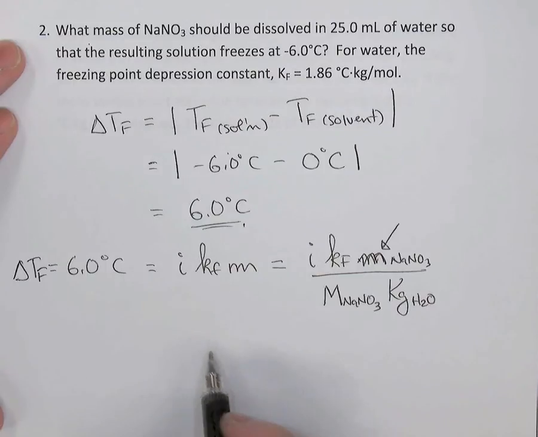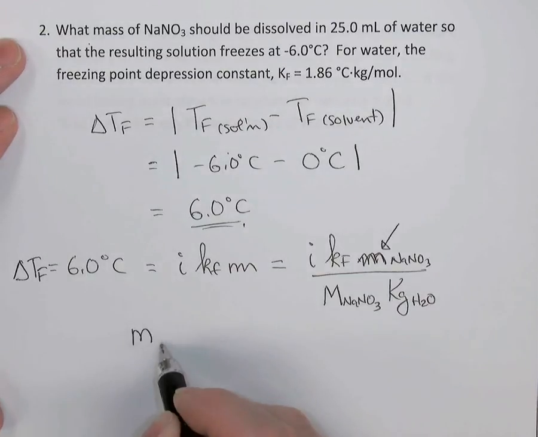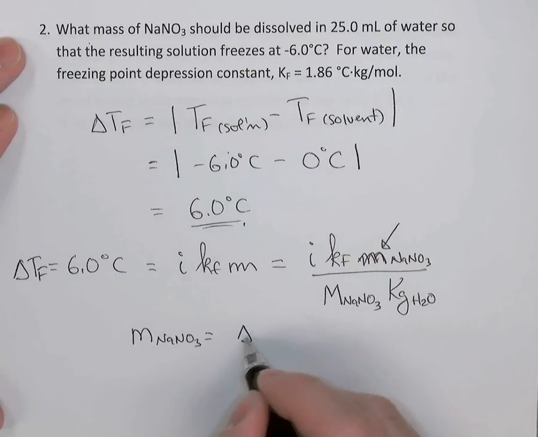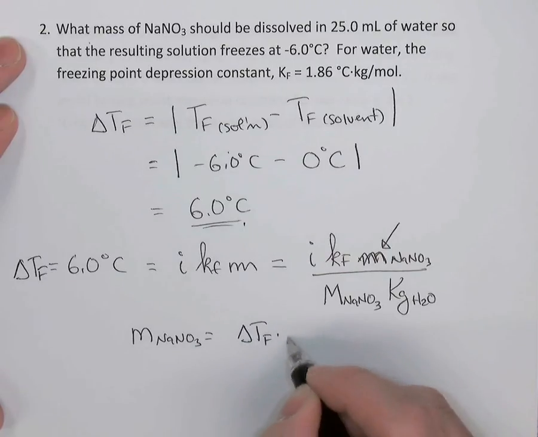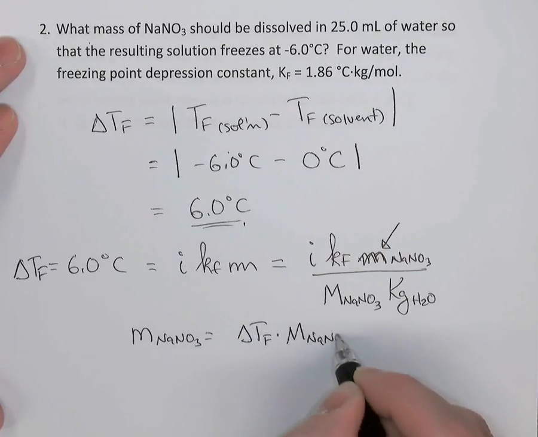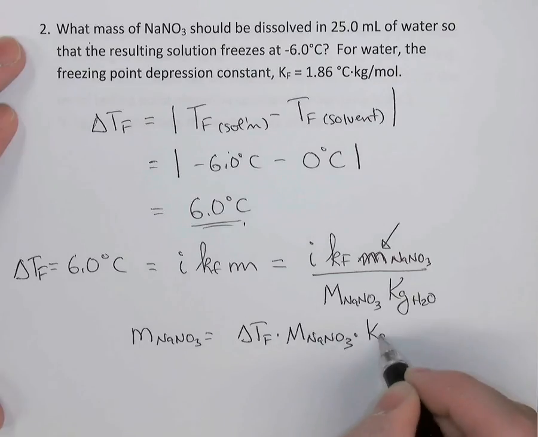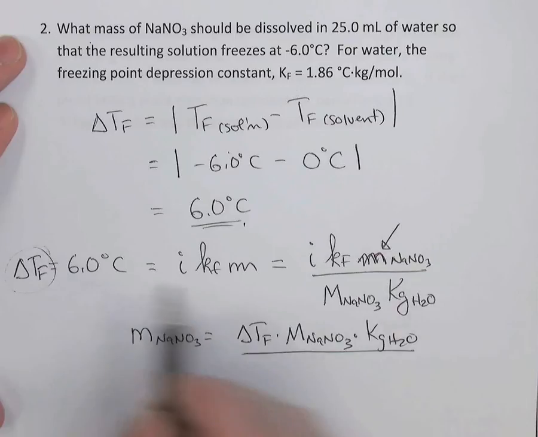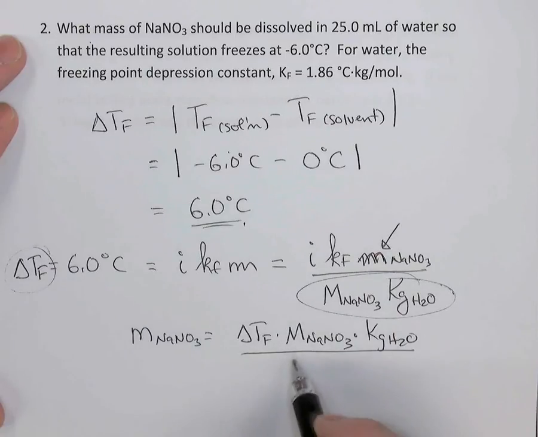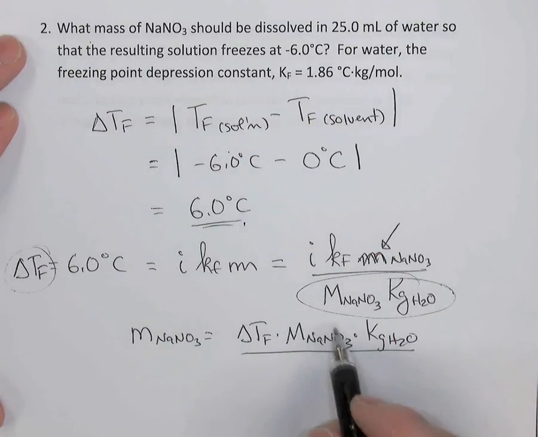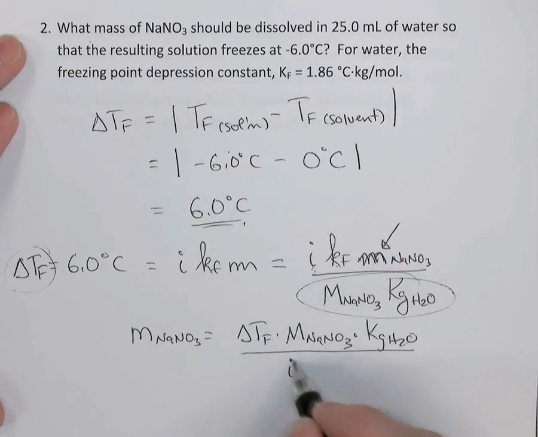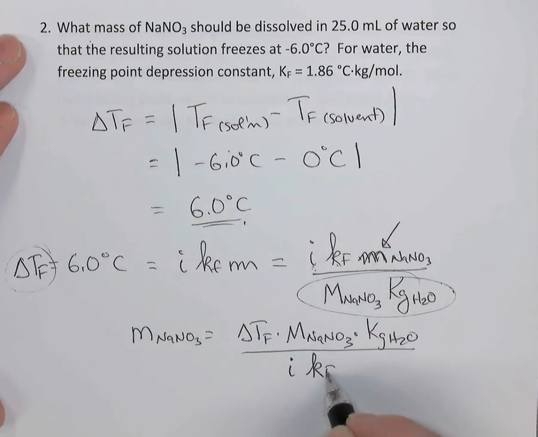So we can rearrange it and we can say that the mass of the sodium nitrate is delta TF times molar mass of sodium nitrate times kilograms of water divided by, I'm just doing algebra, this times the denominator here equals this numerator, and then we're going to have to divide by these two things to get the mass by itself, so divided by I and KF.